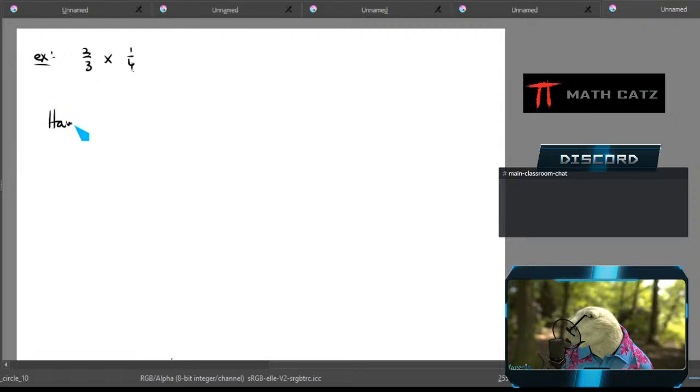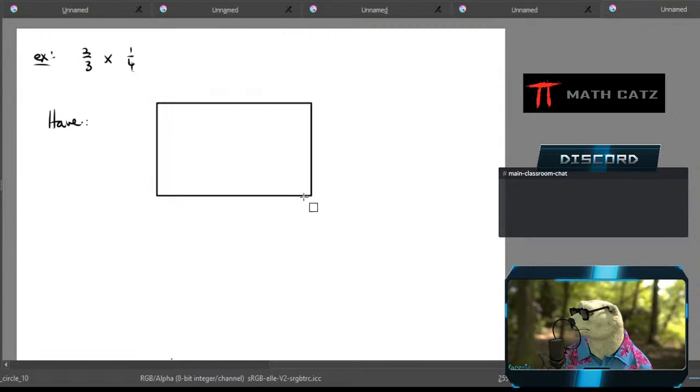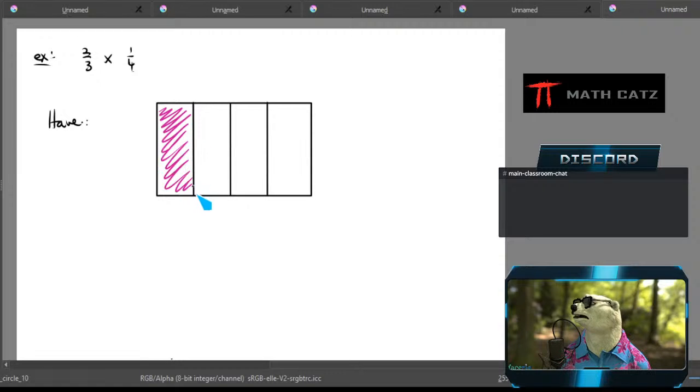I have the first quantity. No, sorry, the second one, thinking of division. So let's represent that. And because it's 1/4, I need to split it up into 4. All right. And then let's color in what we have. We have 1. It's not nothing, but it's not much.